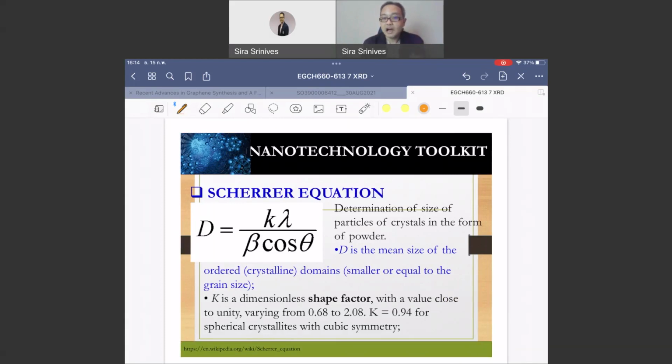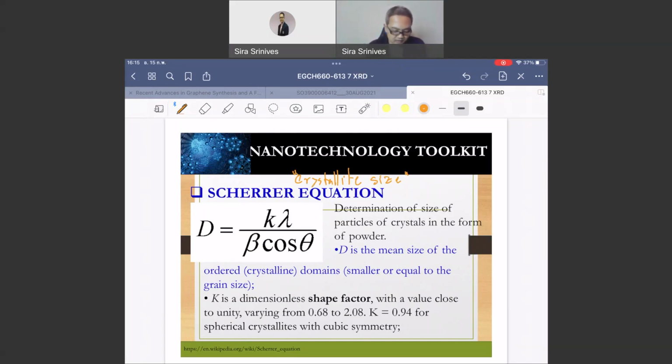Or it could be applied, but with a significant level of error, right? So it's only good when the grain size is less than 200 nanometers. So it would be called the crystalline size. That's the technical term for it.